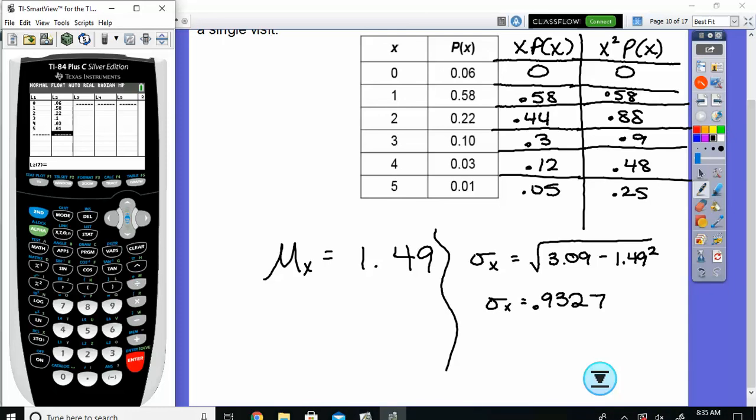Which one are we putting out to? The probability, the P of x from the original.